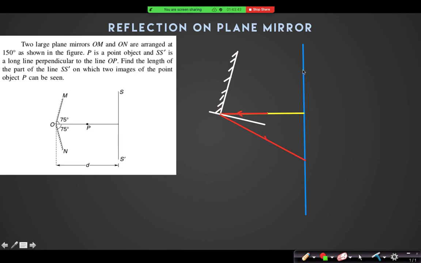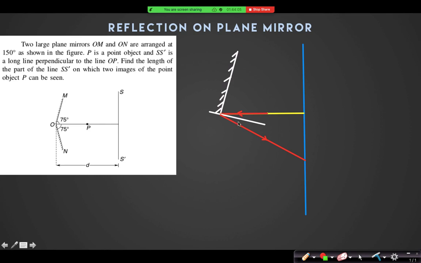Can I say it is the limiting ray on this side? And above there is plenty of space. You can say at infinity the field of view lies, but the field of view starts from here.